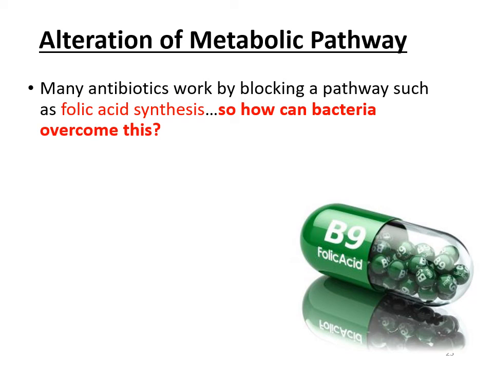Now remember, we said folic acid is used to make nucleic acids, such as DNA and RNA, and that is critical to bacterial and human cells. So think about it. If you have an antibiotic that is trying to kill a bacteria by destroying its ability to produce or make folic acid, then how can that bacteria overcome that and survive this attack?